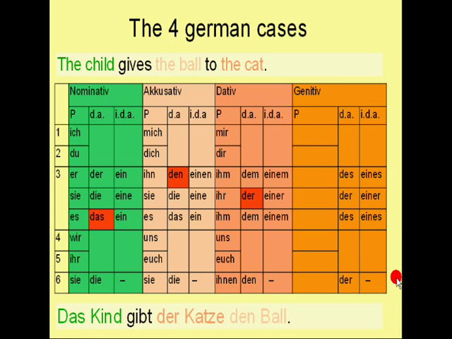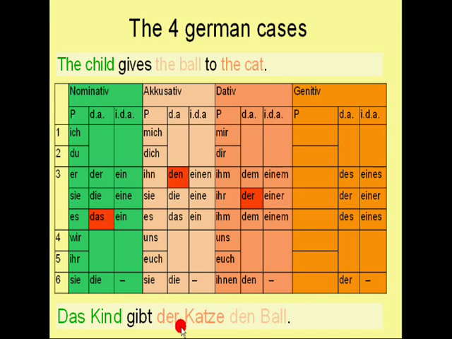The child gives the ball to the cat. The child is the subject in the sentence and translates to das Kind. The ball is the direct object and translates to den Ball, and the cat is the indirect object and translates to der Katze.